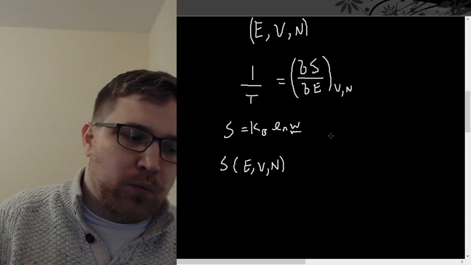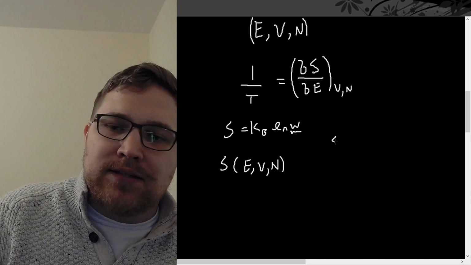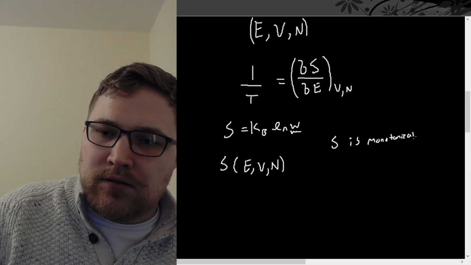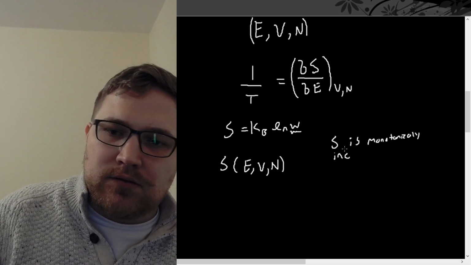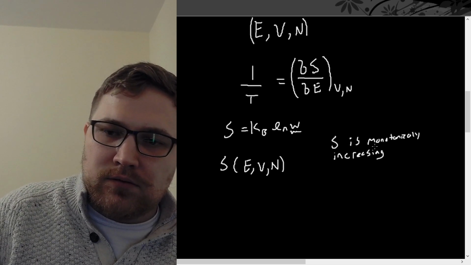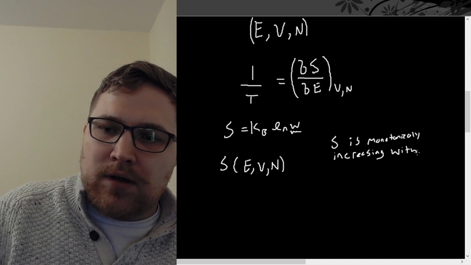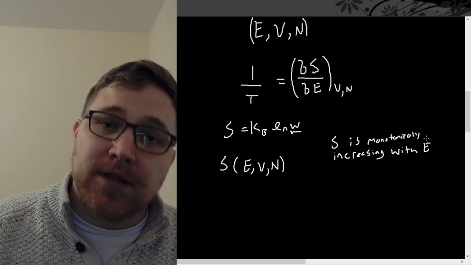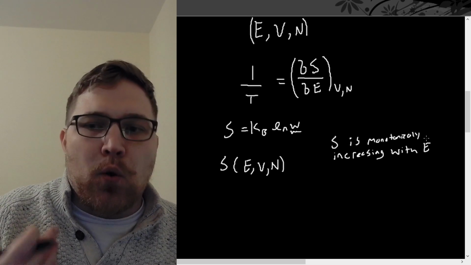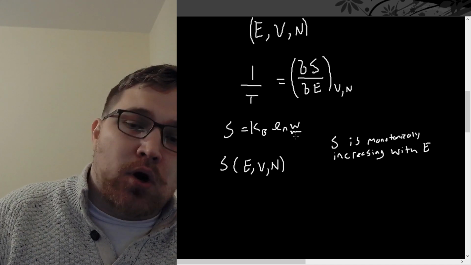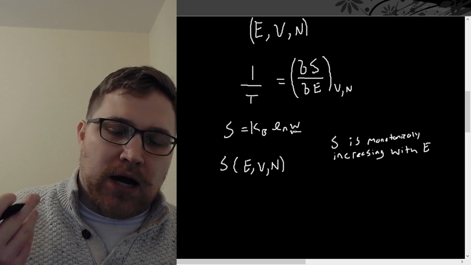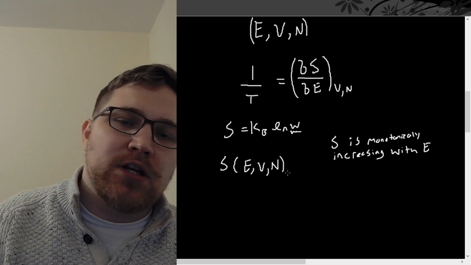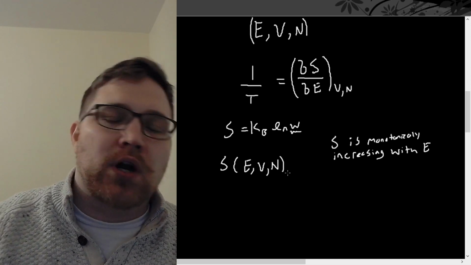What we find usually is that S is monotonically increasing with energy. So if I increase the energy, I increase the entropy. What's really happening there is that when I increase the energy, my particles have way more ways to organize themselves to fit inside of our macrostate. So more energy means access to more configurations, basically.